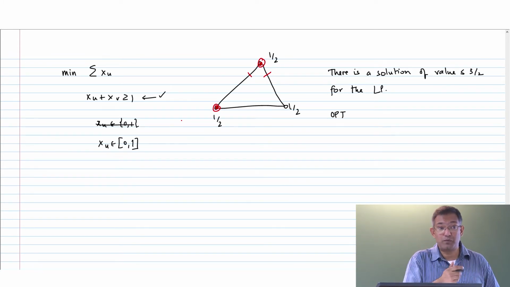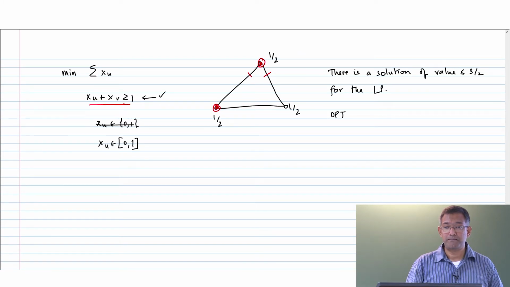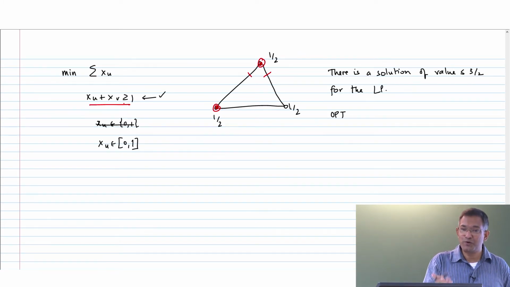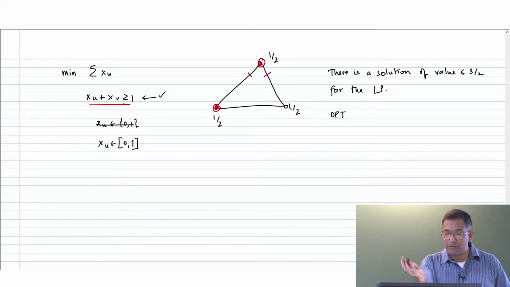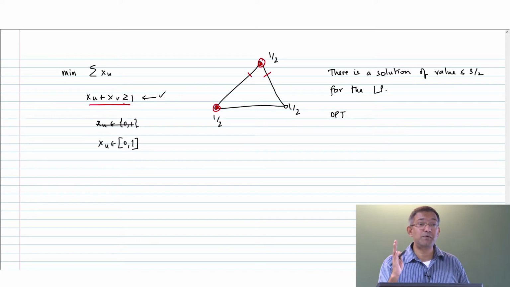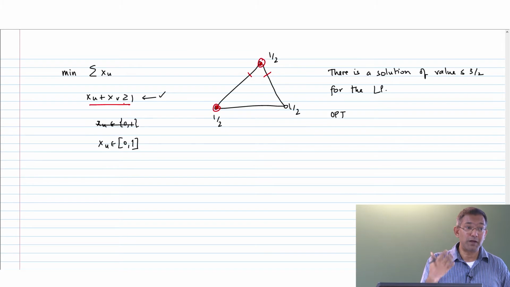It is at most 3/2. Well, I just picked values 1/2 for every vertex, and that is feasible for every constraint. So, in this simple example I can show you that there is a difference between the optimal solution to the linear program and the optimal solution to the integer program.